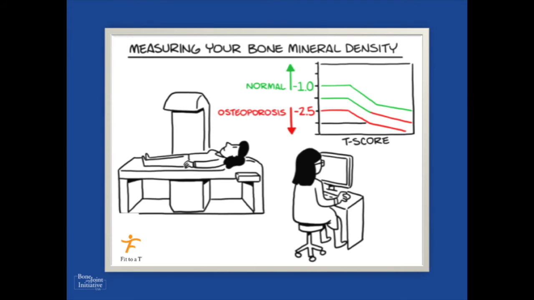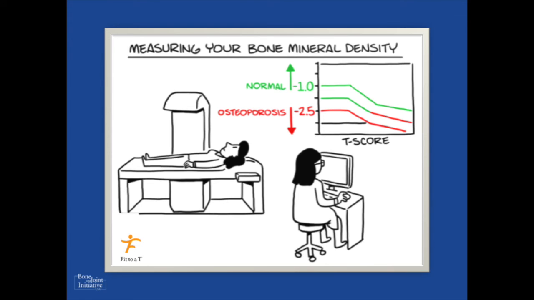It can then give us a score, which is called a T-score, that will classify you into a normal bone density range, osteopenia bone density range, or osteoporosis bone density range. And this then helps us assess what your risk is for a future fracture. So all women over the age of 65, regardless of risk factors, qualify for this test.